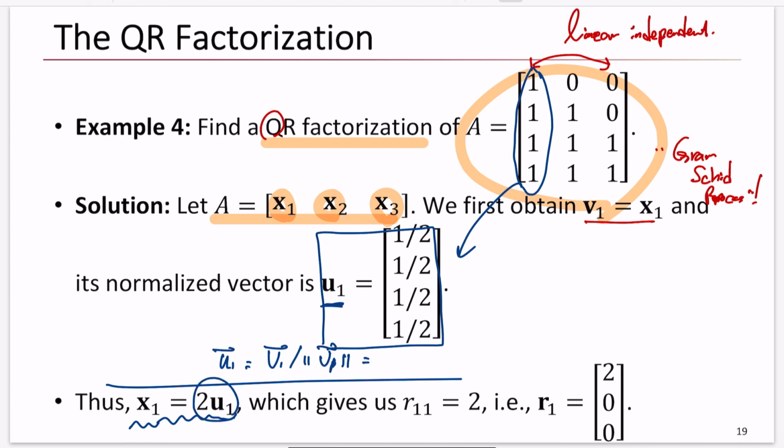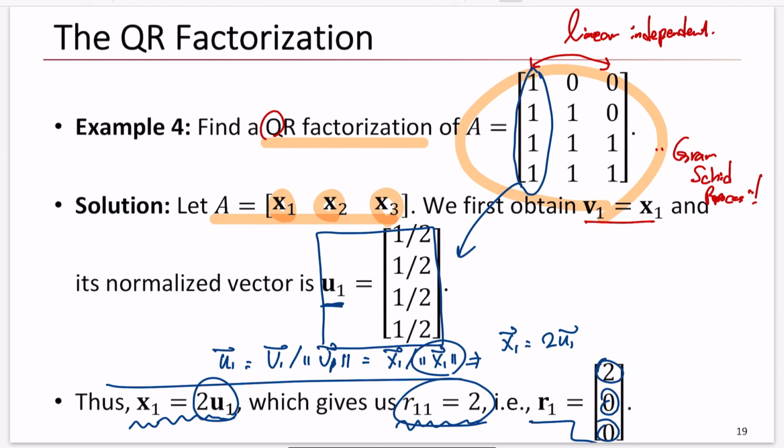Why? Because the length of x1 was 2, so from here x1 is equal to 2u1. Which gives us r11 is equal to 2, where r1 is defined like this: 2, 0, 0.